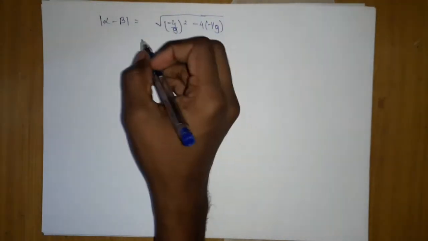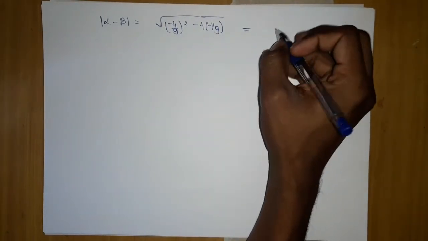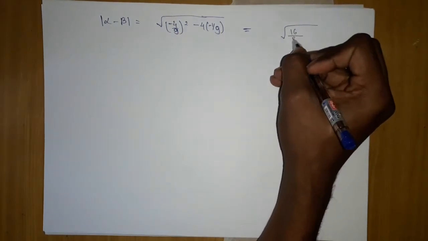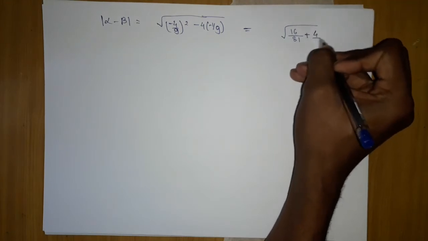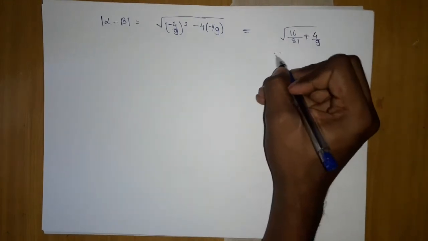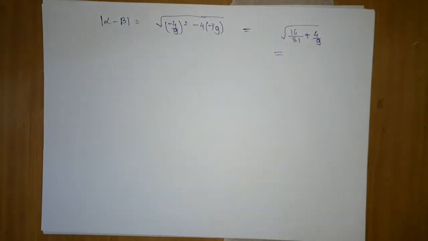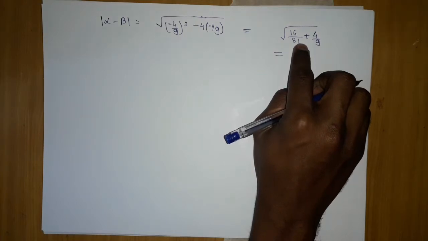Now if we see what we are getting, this is 16 by 81, minus this will become 4 by 9. So here you can see we can move 3 outside, that's confirmed. We can move 9 outside, they both are common.